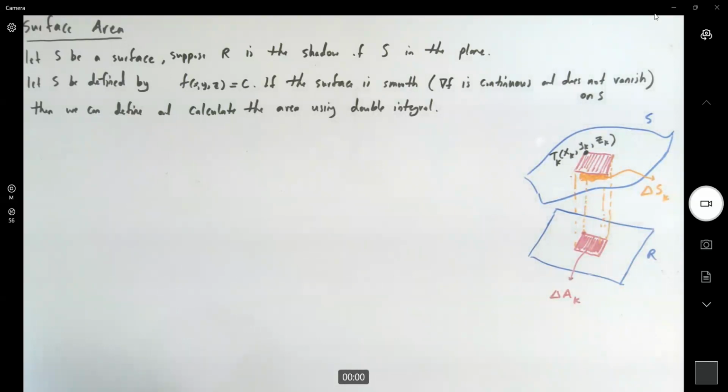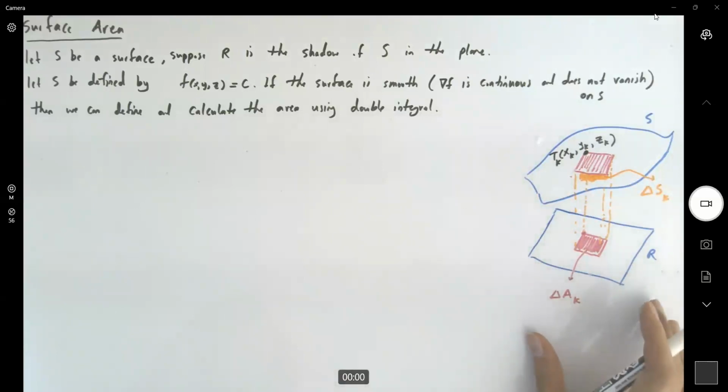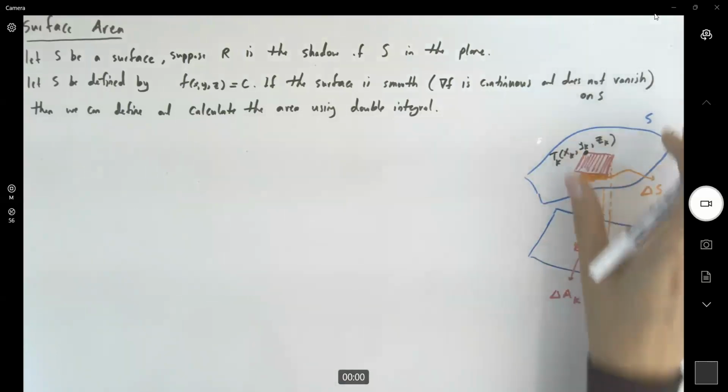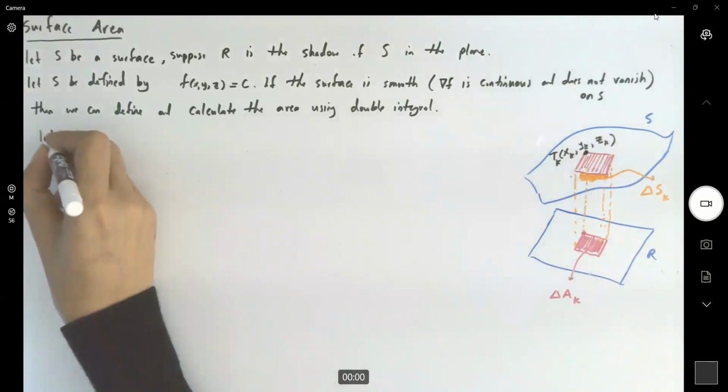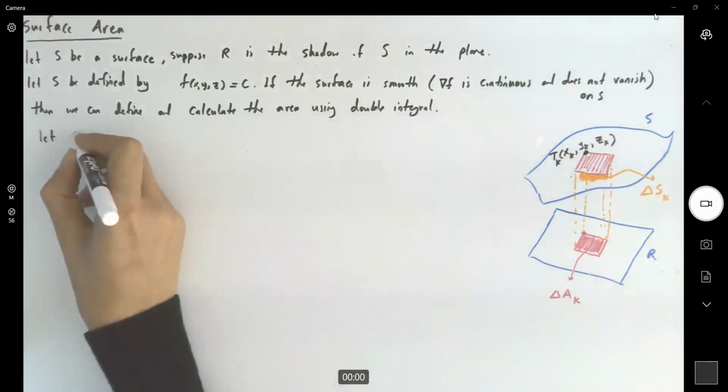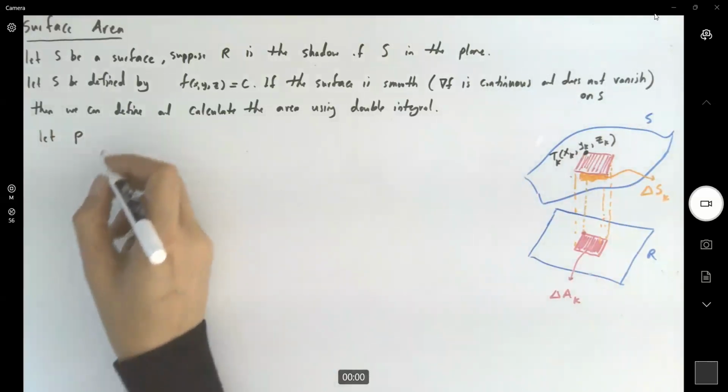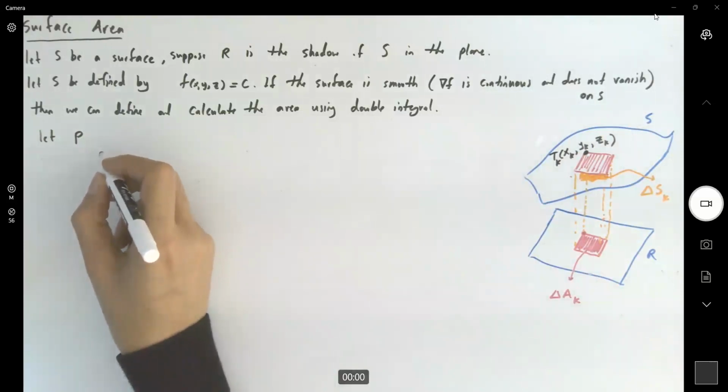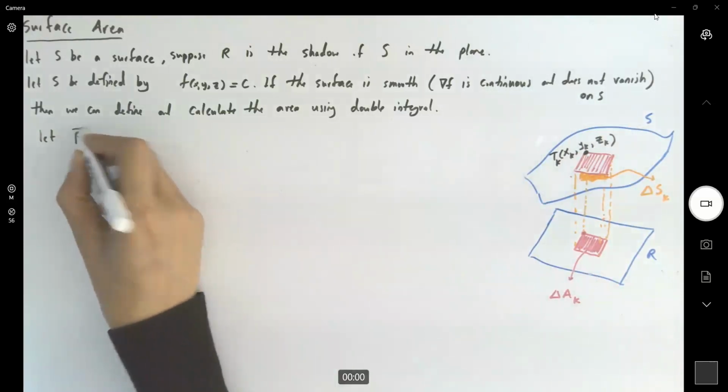The gradient of the function at this point and a unit vector like P, which is normal to R, are going to be available for S and R. So let P be a unit vector that is normal to R.